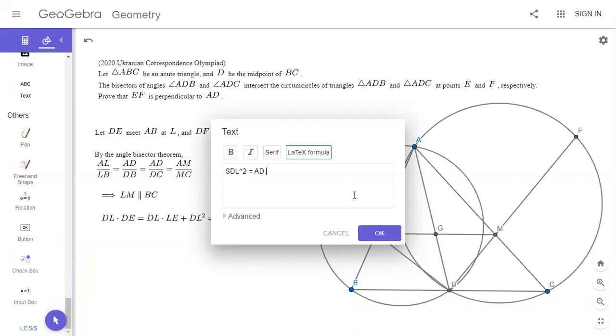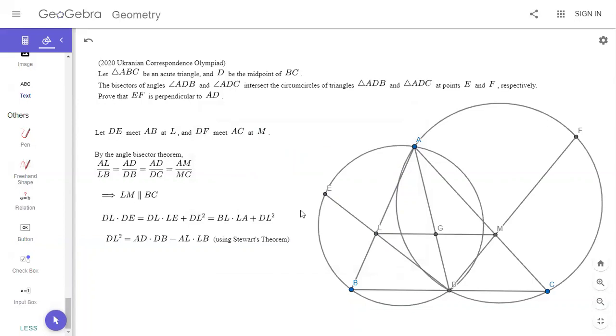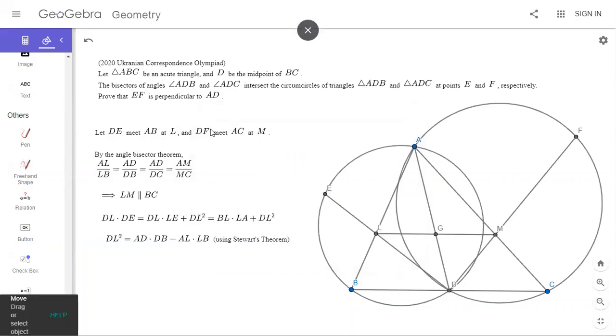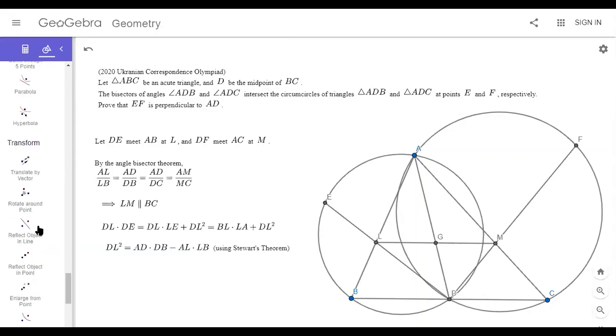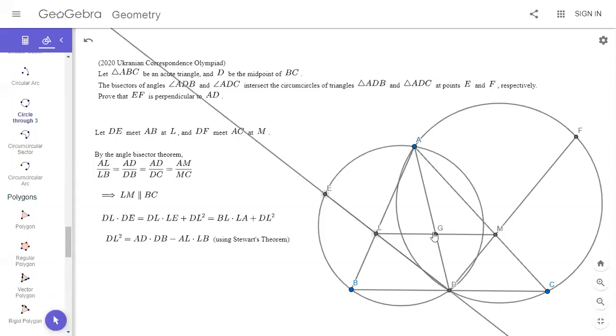I feel like there should be a nicer way to do this than Stewart's. Let me see if there's a better way to show that that's cyclic. Yeah, it works, but I want to see if there's a nicer way we can do it.